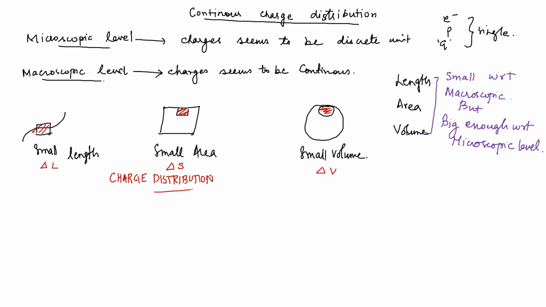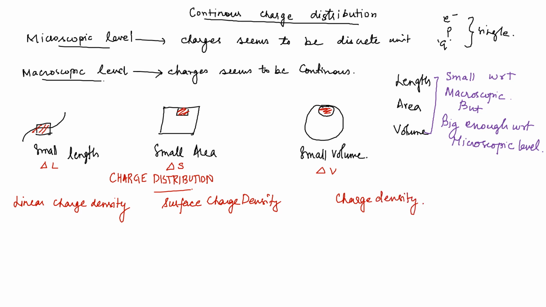For the smaller length, the charge distribution will be given by lambda, that is the linear charge density. For the smaller area, it will be given by the surface charge density, and for the volume it will be given by the charge density, simply the charge density.